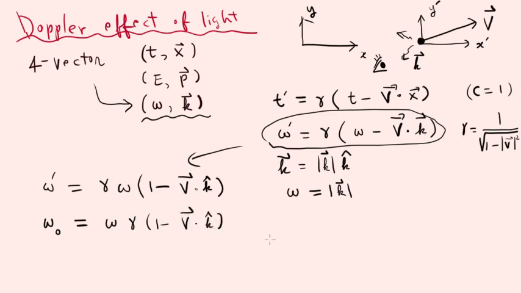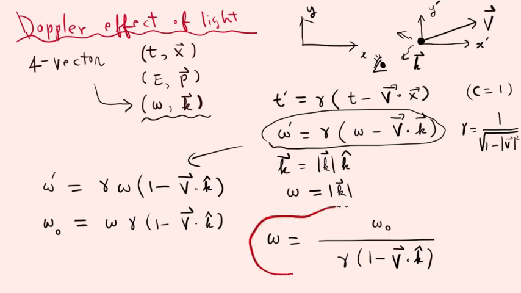So the Doppler effect then reads as omega equals omega 0 over gamma (1 minus v dot k hat). So that's the Doppler effect. That's the most general way of writing the Doppler effect of light.